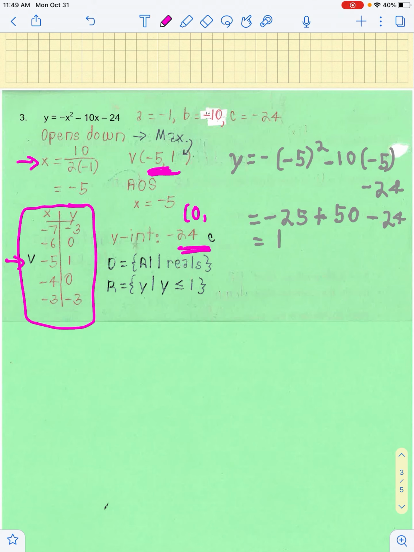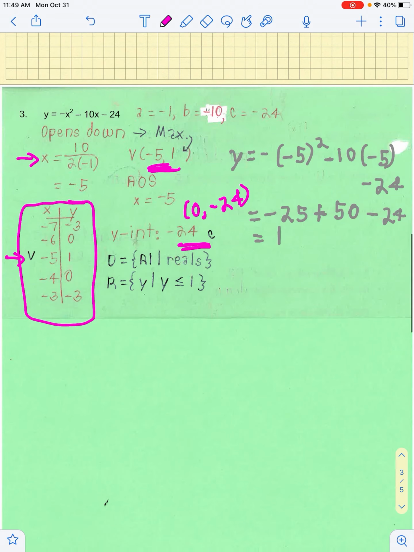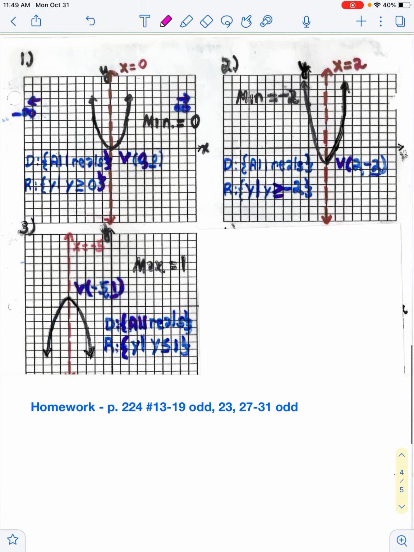It's really the ordered pair 0, -24. I don't have to graph it to recognize that is my y-intercept. So maximum and minimum values occur at the vertex. If you're asked just to find those, you just need to find the vertex coordinates and recognize whether the parabola opens up or down. You don't have to graph it to find that.